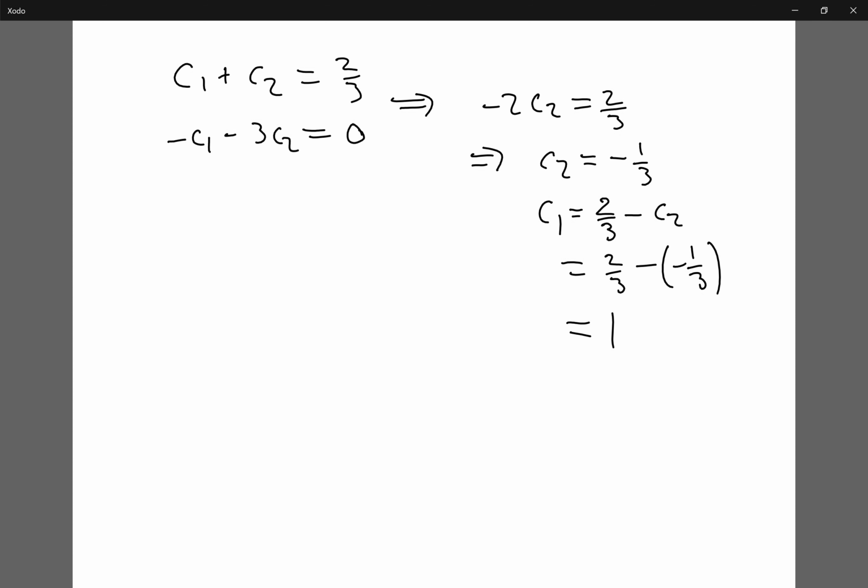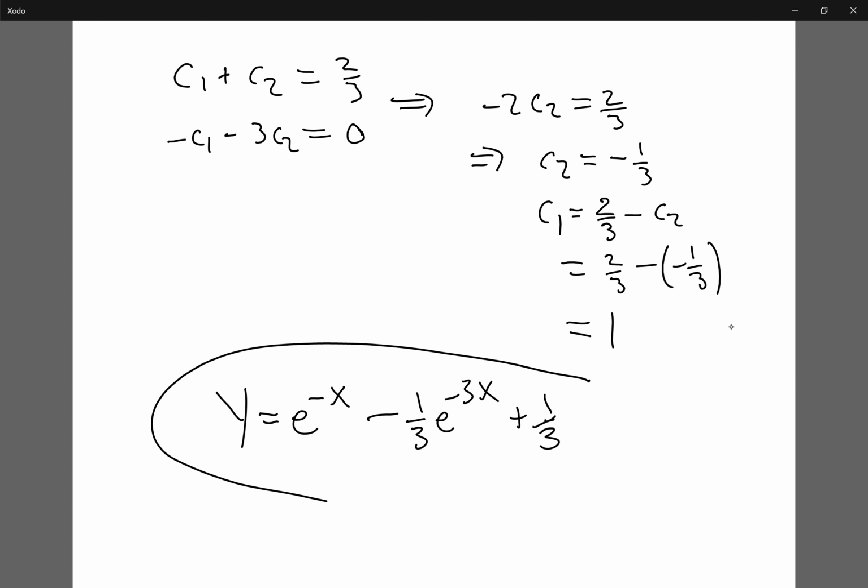So our solution is actually e to the negative x minus 1/3 e to the negative 3x plus 1/3. Okay, so that is our unique solution to this differential equation with initial conditions, or what you might call an initial value problem.